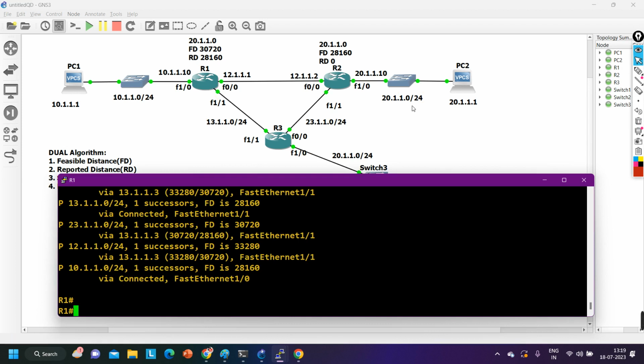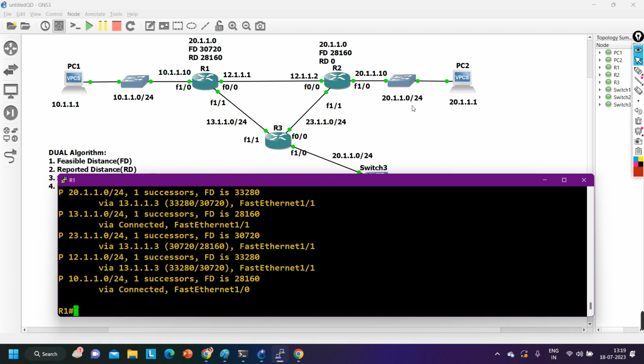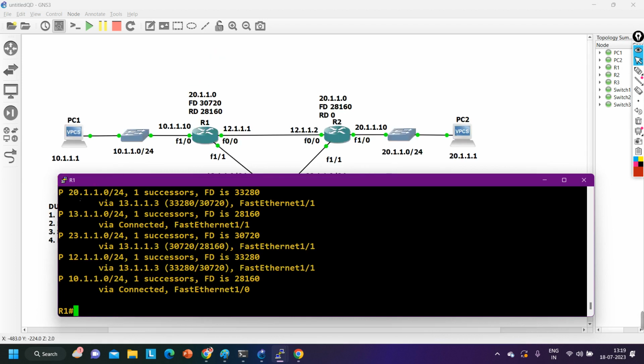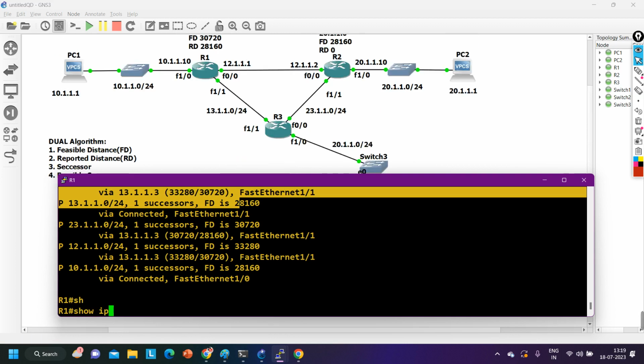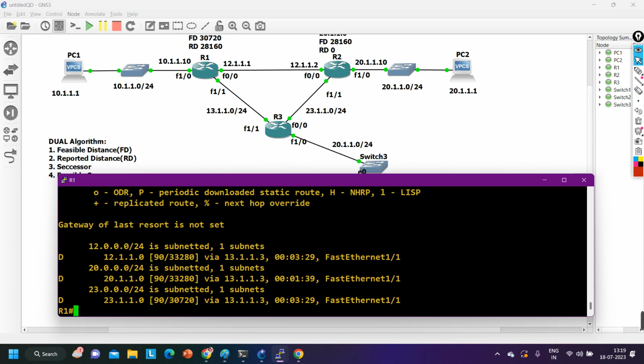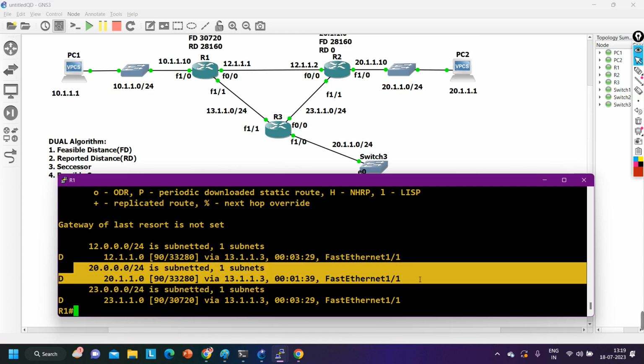Getting my point? See now, show ip eigrp topology, inside the topology table the 20 network is there, and inside the routing table also we can see, show ip route eigrp, the 20 network is here. Done? Yeah. So I'm confused here. When you shut down one interface from router 1, you shut down F0/0, right?